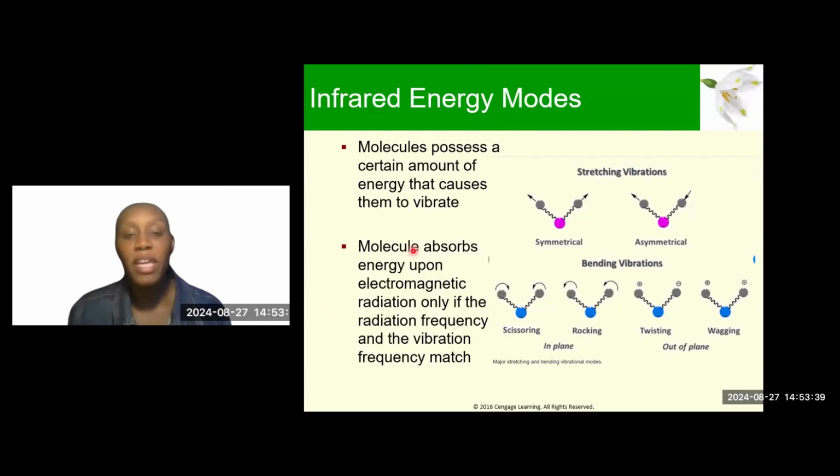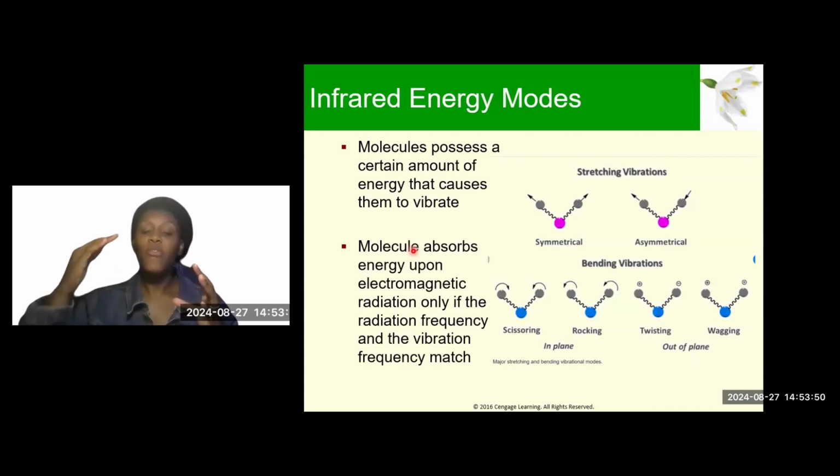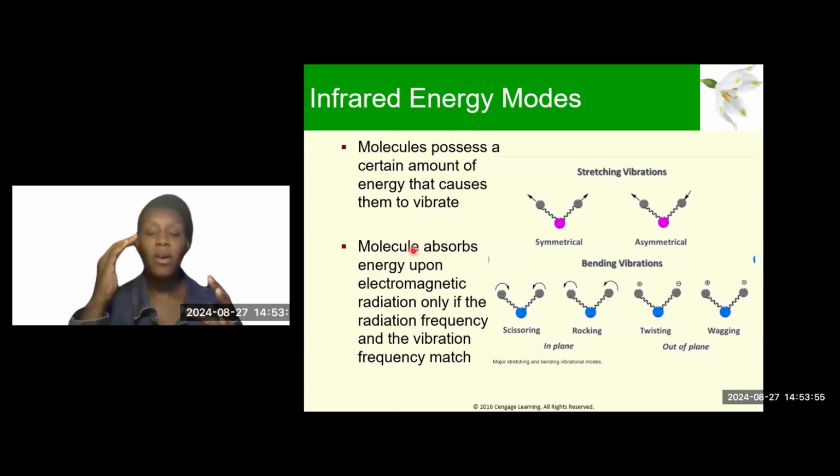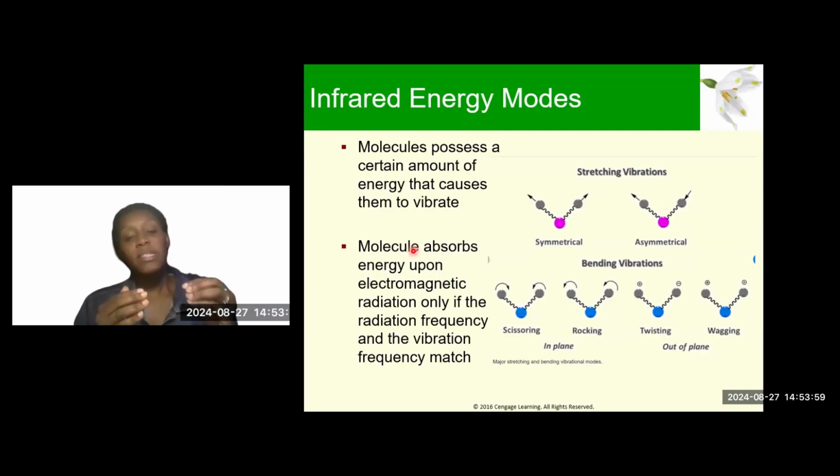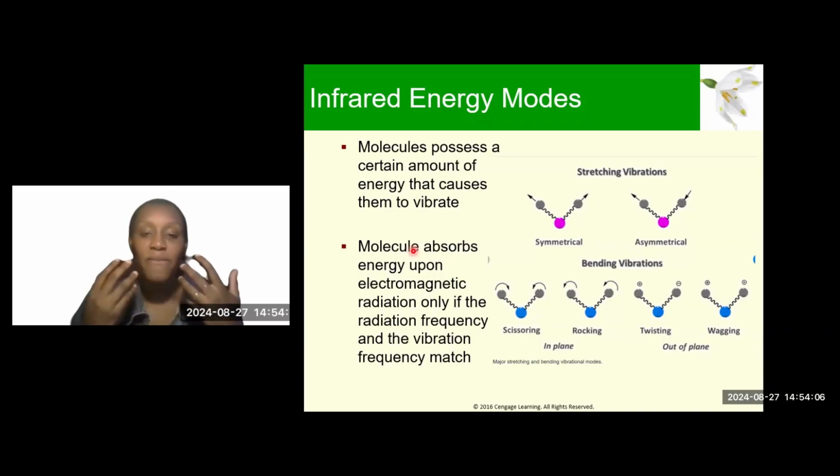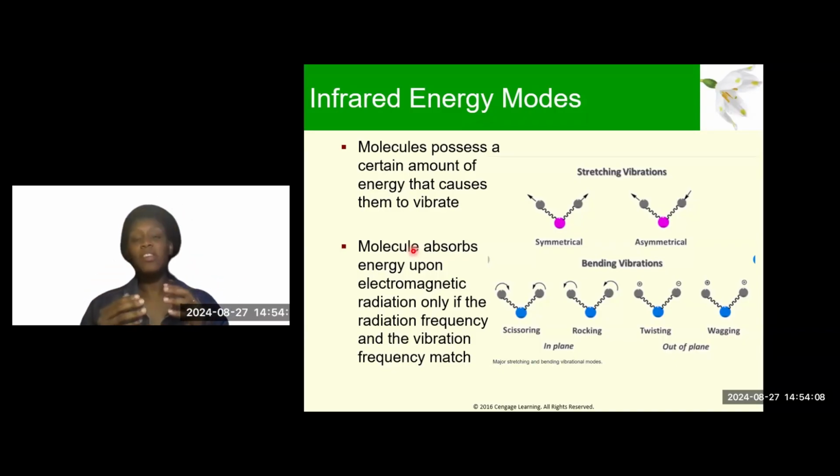So, with infrared energy modes, molecules possess a certain amount of energy that causes them to vibrate. And so, what that means is that when the frequency of the electromagnetic radiation matches the frequency of the molecules, they actually vibrate. And so it's kind of like a tuning fork, if you will.